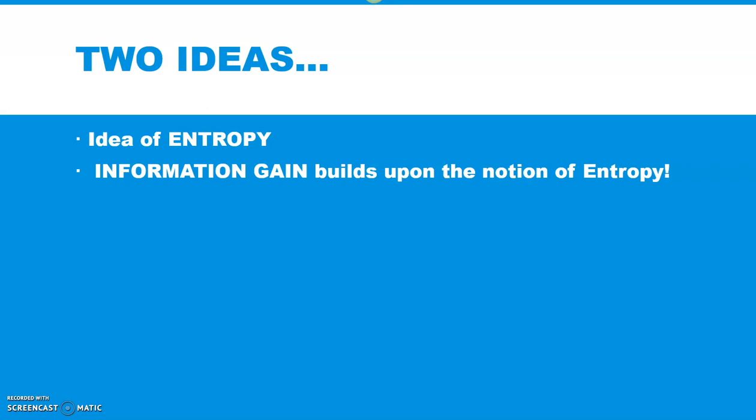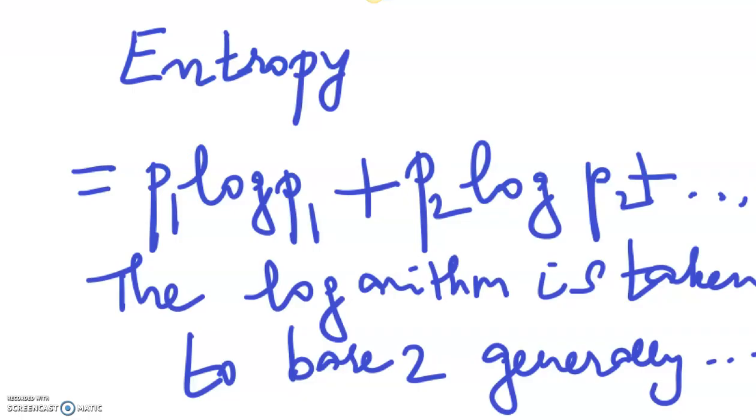So if you have a population that is divided into k classes, class 1 has probability p1, class 2 has probability p2, and so on. The formula for entropy is negative of p1 times log p1 plus p2 times log p2, and so on.